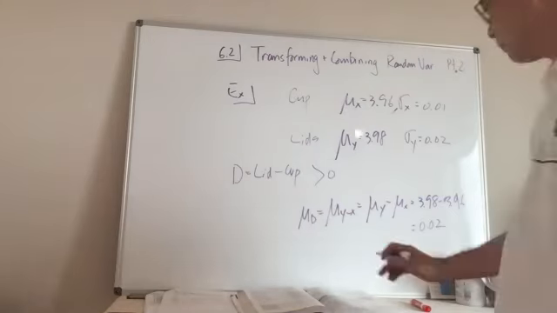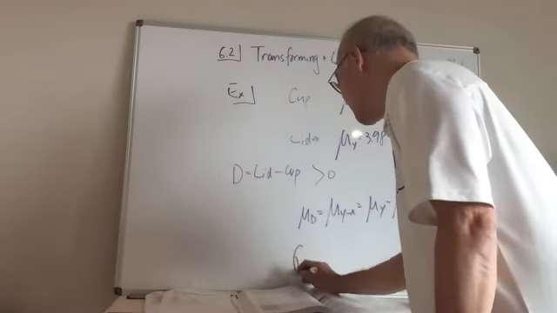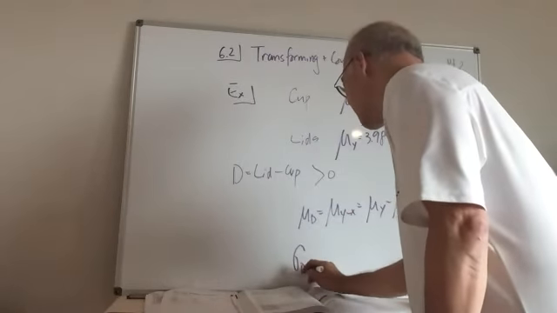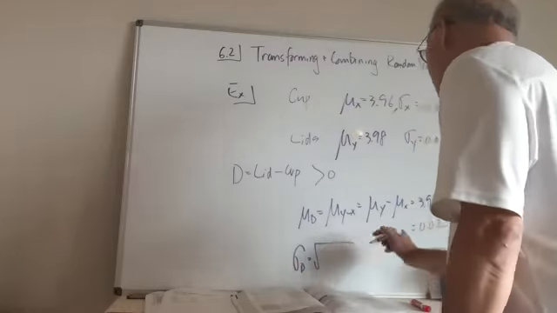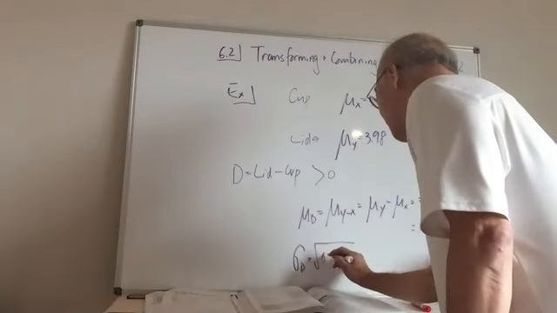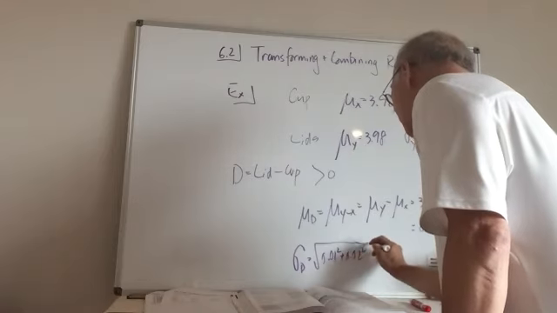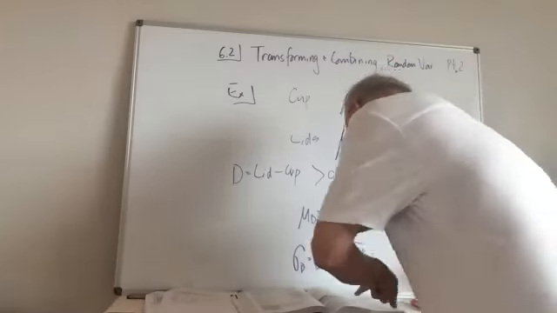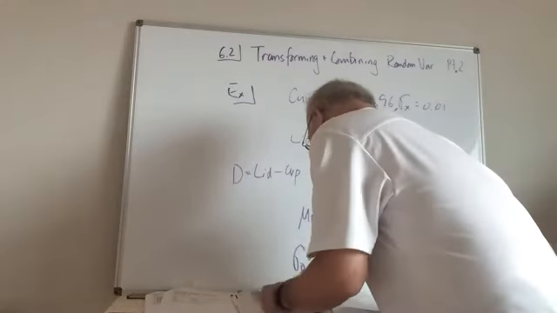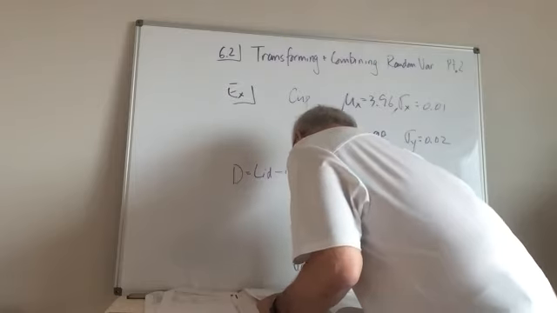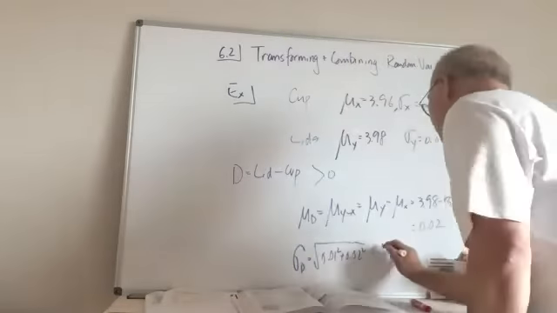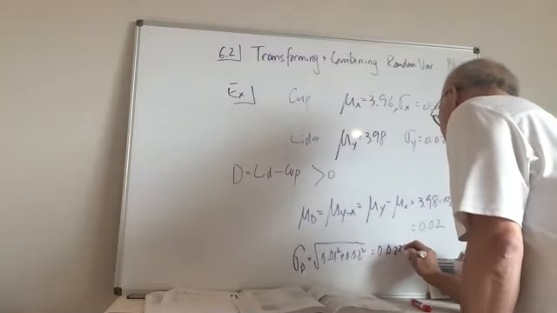What is sigma D? Sigma D is equal to the square root of 0.01 squared plus 0.02 squared. And if you do that, you get 0.02224.